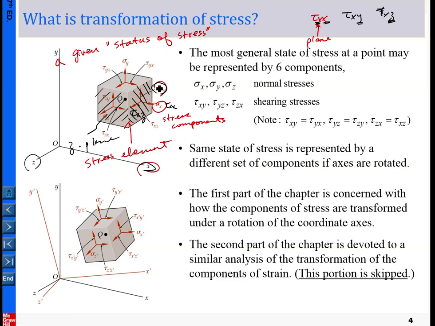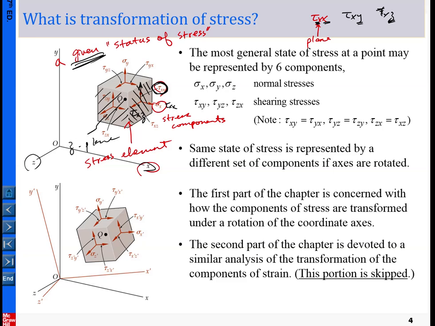For example, this one is on the x-plane pointing in the y direction. So this is a review of the description of the stress components in a given state of stress in terms of the stress element. And here, this is given in a certain coordinate system.